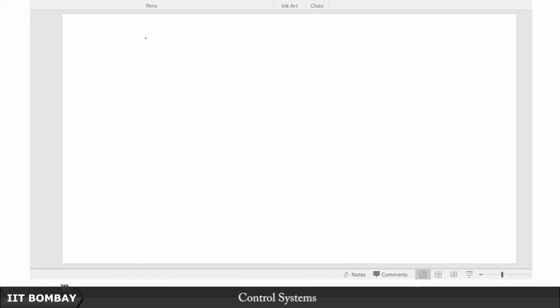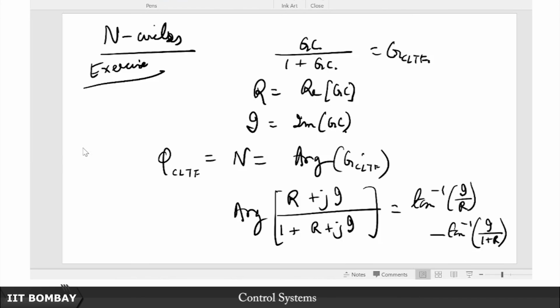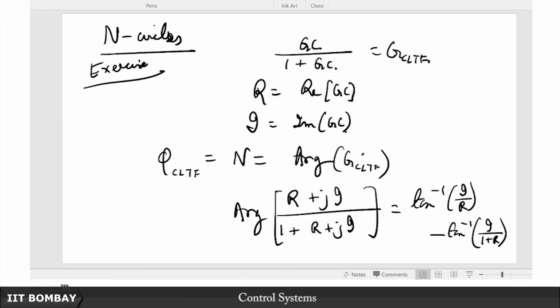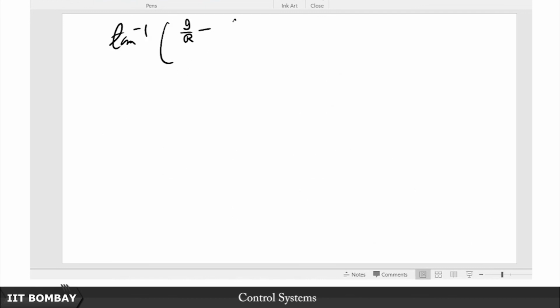Let us see how far I can make error free calculations. Tan inverse A minus tan inverse B is tan inverse of A minus B upon 1 plus AB.